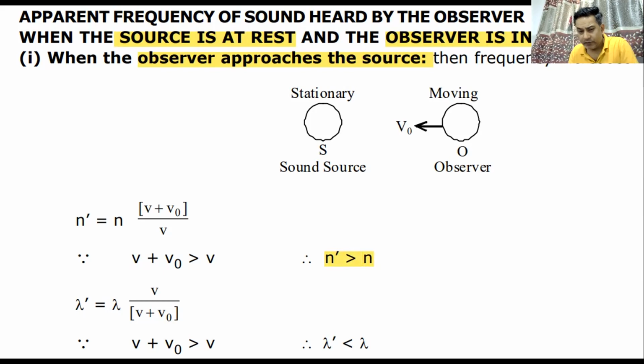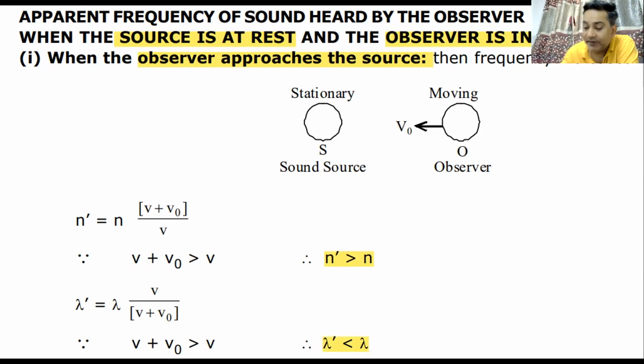Similar to when the source was moving towards, when the observer is moving towards, the frequency is more and the wavelength is less. If either the source or the observer is moving towards the other, the frequency would be more and the wavelength would be less.